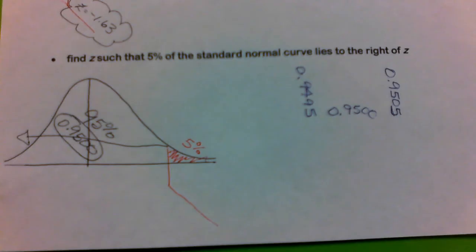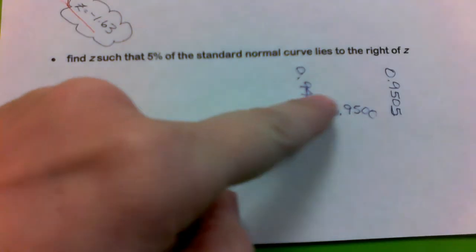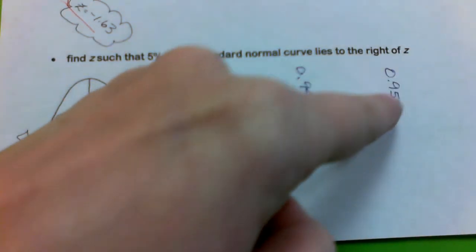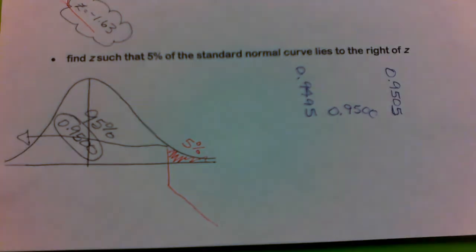So it falls in between those. Now, again, which one does it fall closer to? Well, if I subtract these two values, that's a difference of 0.0005. If I subtract these two, I get a difference of 0.0005. So it falls smack dab in the middle.